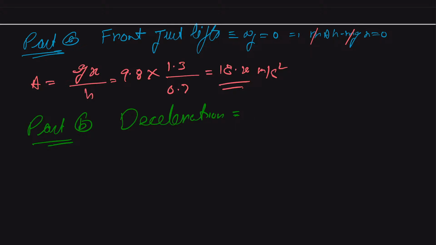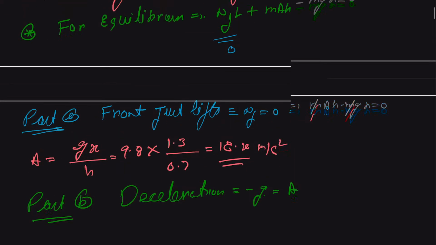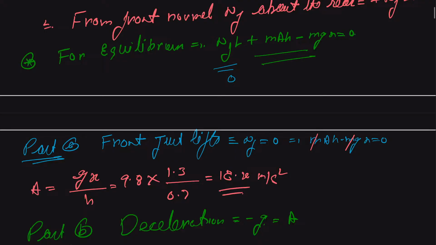Okay. Minus g. Or we can say this will be equal to our A, because we can just substitute it. Therefore, we can put it in this equation.